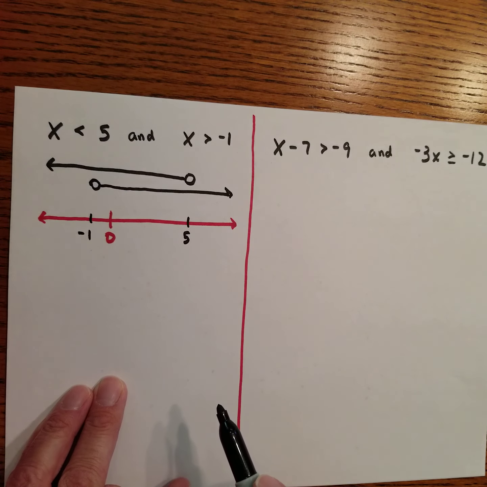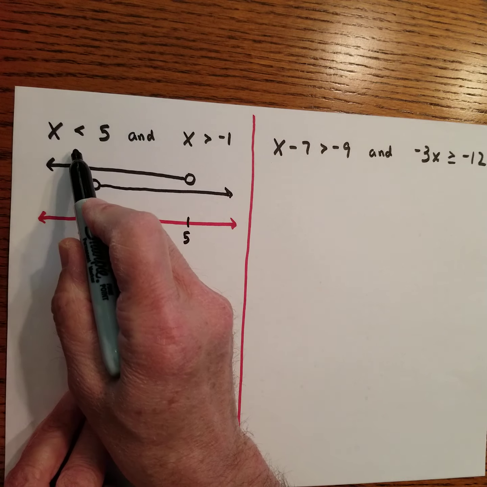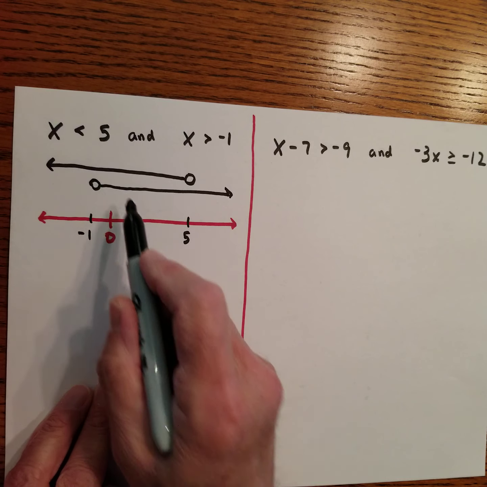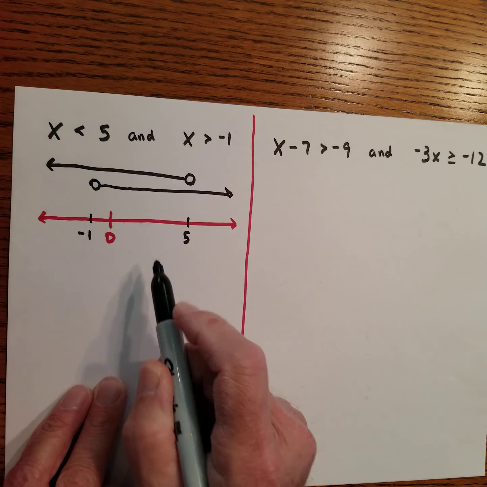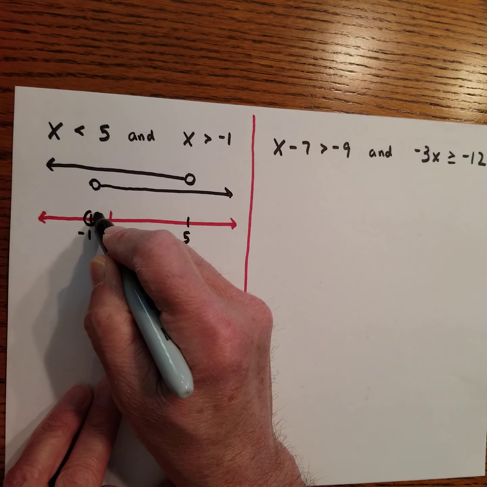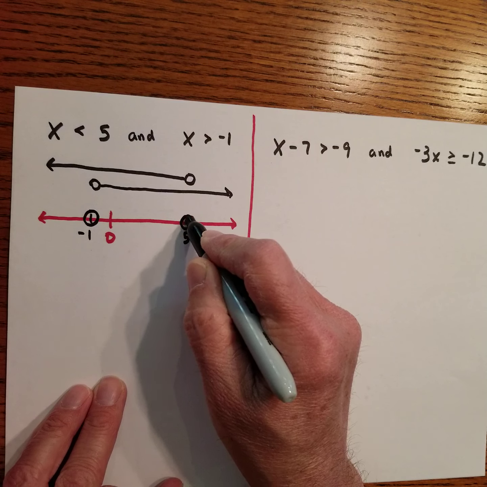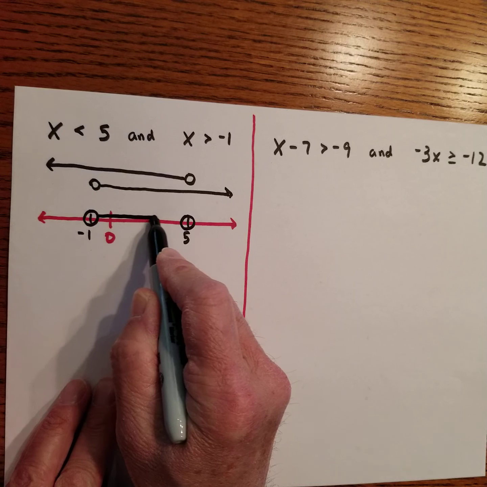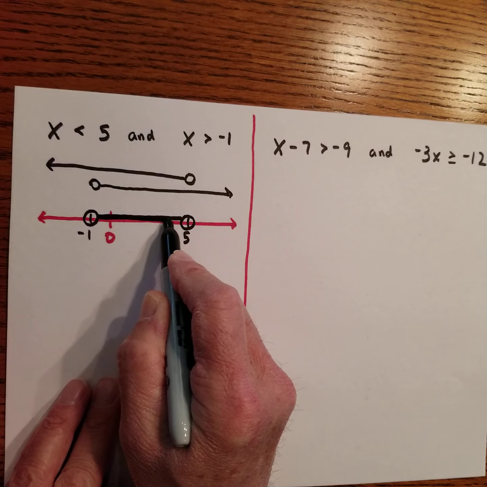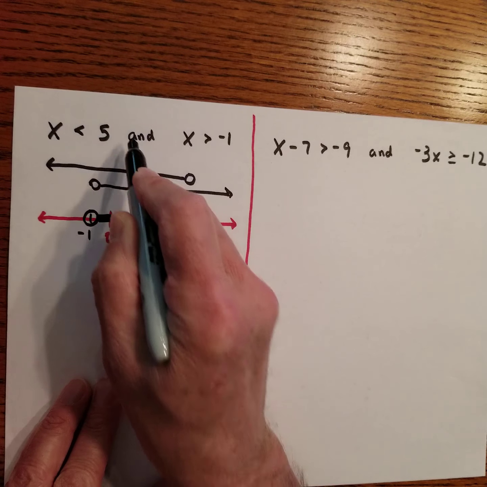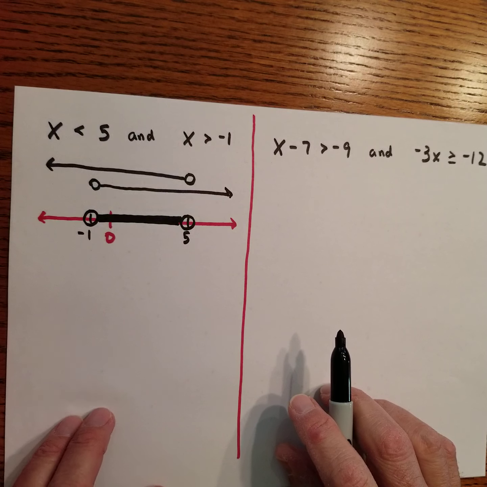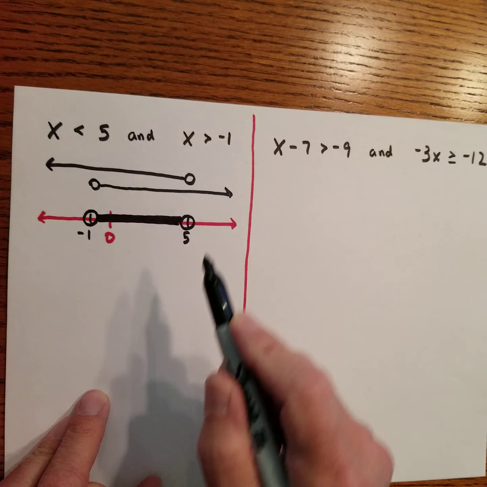They're not greater than -1. I want numbers that are both at the same time, which are numbers that are covered by both lines. I want everything from -1 up to 5 because these are things that are covered by the first line and by the second line. Here's my solve.